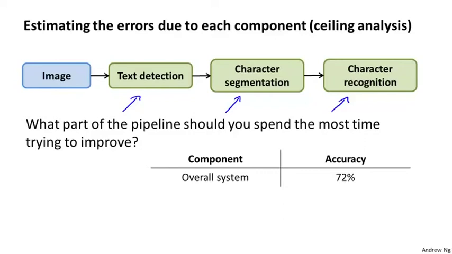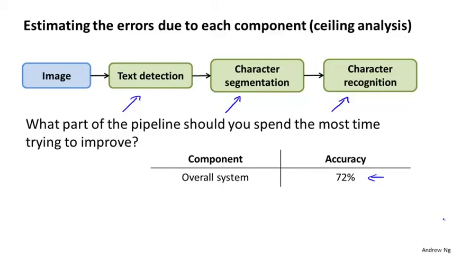Or you can pick some other single real number evaluation metric if you want, but let's say that for whatever metric we pick, we find that the overall system currently has 72% accuracy. In other words, we have some set of test set images, and for each one we run it through text detection, then character segmentation, then character recognition, and we find that on our test set, the overall accuracy of the entire system was 72% on whatever metric you chose.